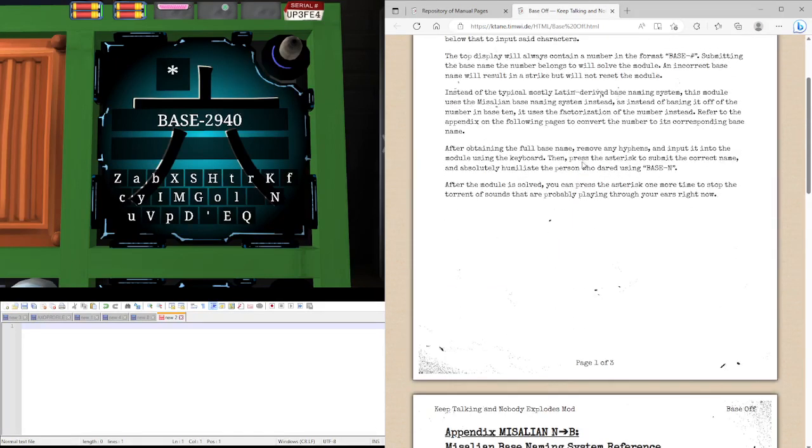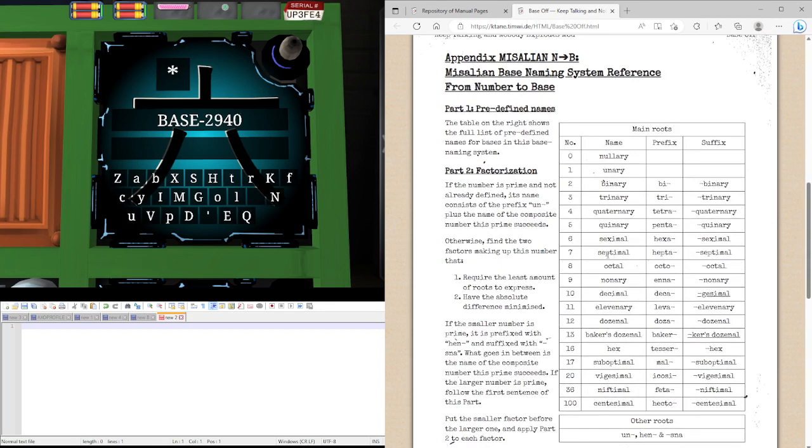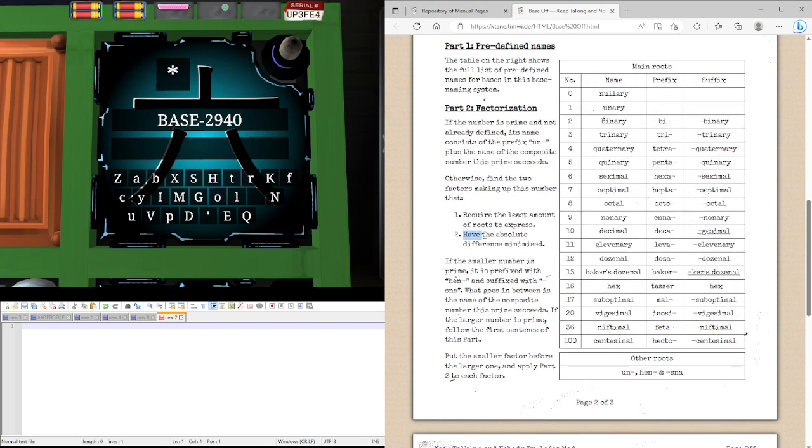So let's take this number, and we're going to split it into its two factors because it doesn't already have a predetermined name, and it has to follow these two properties. It has to have the absolute difference minimized, which is what I did every single time before. But this part is crucial: require the least amount of roots to express.